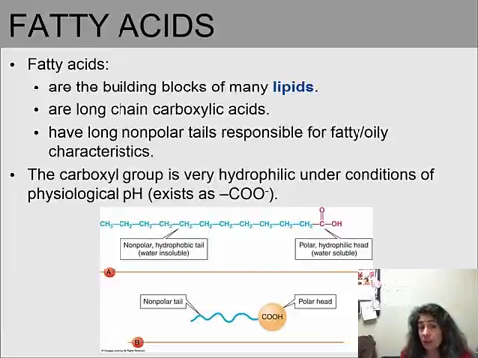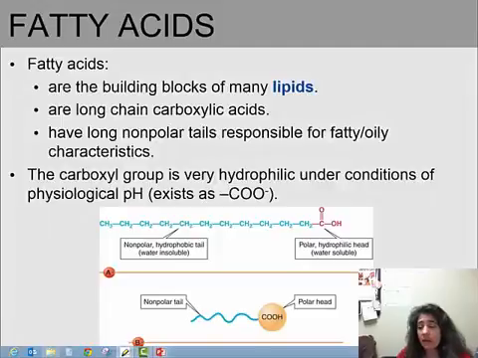And we know we have the polar head that we've talked about that's coming from our carboxylic acid group, and we draw them in a model that's very simple and easy to draw.